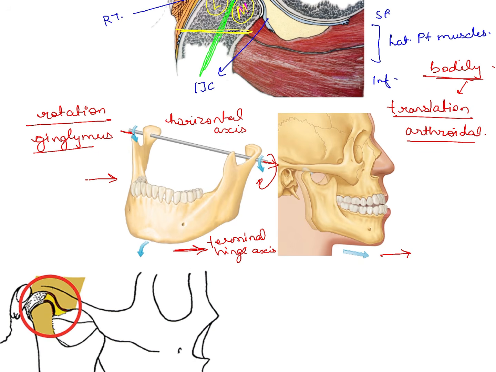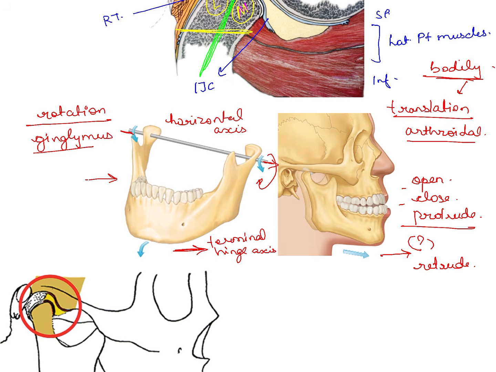So, what are the movements? You can open your mouth, you can close your mouth, you can protrude your jaw, but can you actually retrude? So, if you try to retrude, you will realize that only a very little possibility exists of retruding, right? So, when you have your teeth in maximum intercuspation, that means close your teeth, maxillary and mandibular, against each other and bite on them and try to take your jaw backwards.